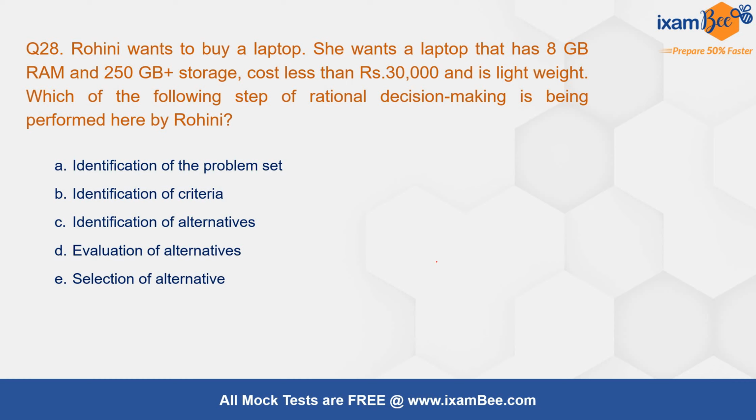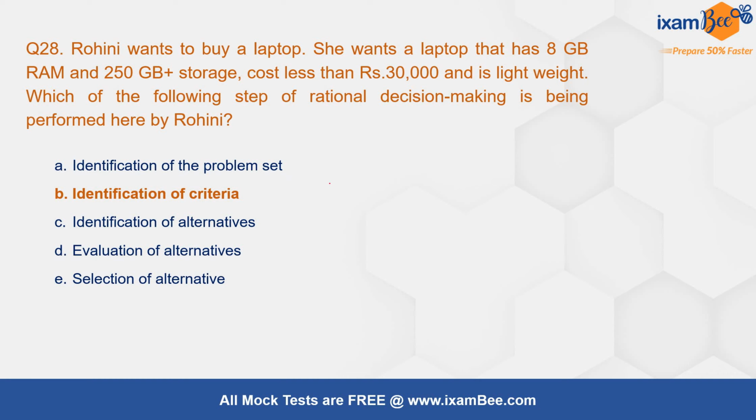Is it identification of the problem set? Is it identification of criteria, identification of alternatives, evaluation of alternatives, or selection of the alternative? The correct answer here is identification of the criteria. So Rohini is actually listing down the criteria that she has to keep in mind while taking a decision.